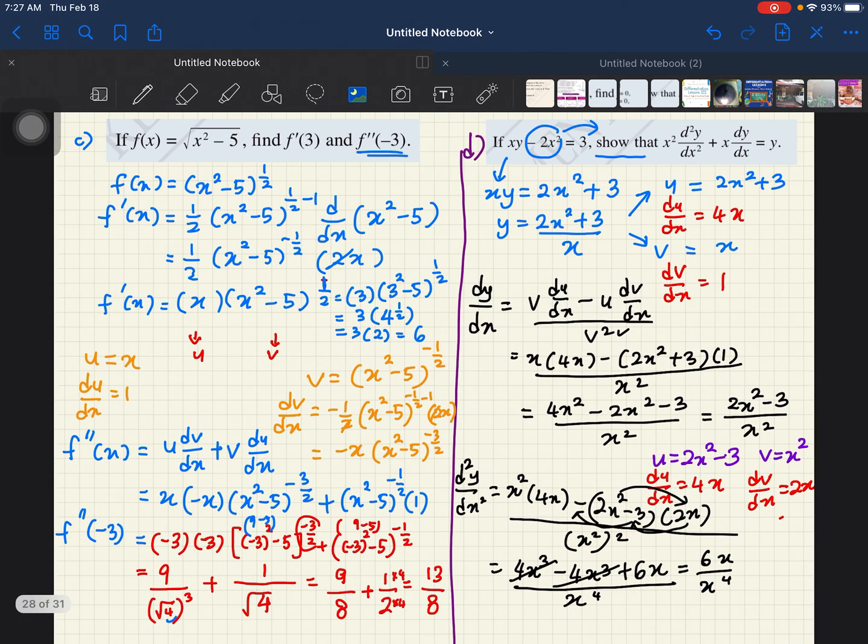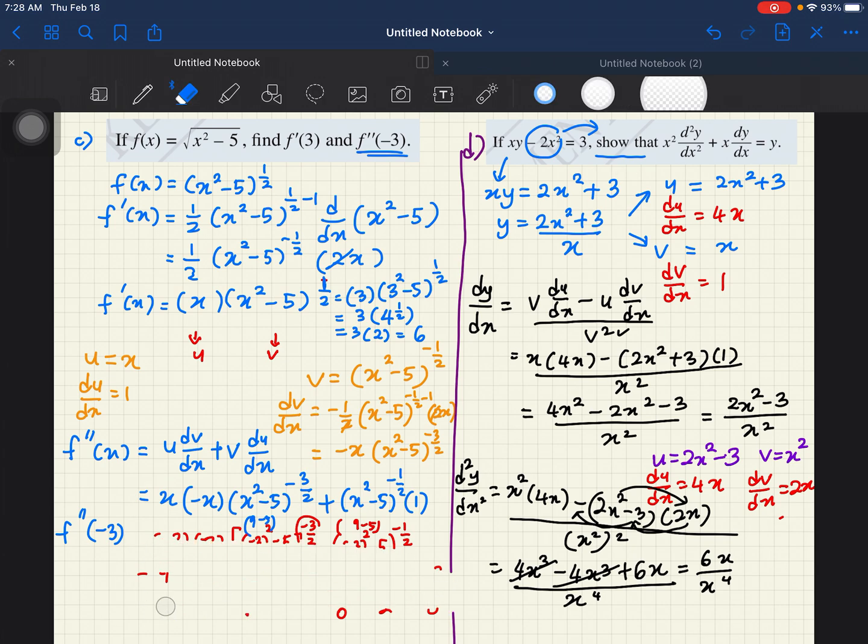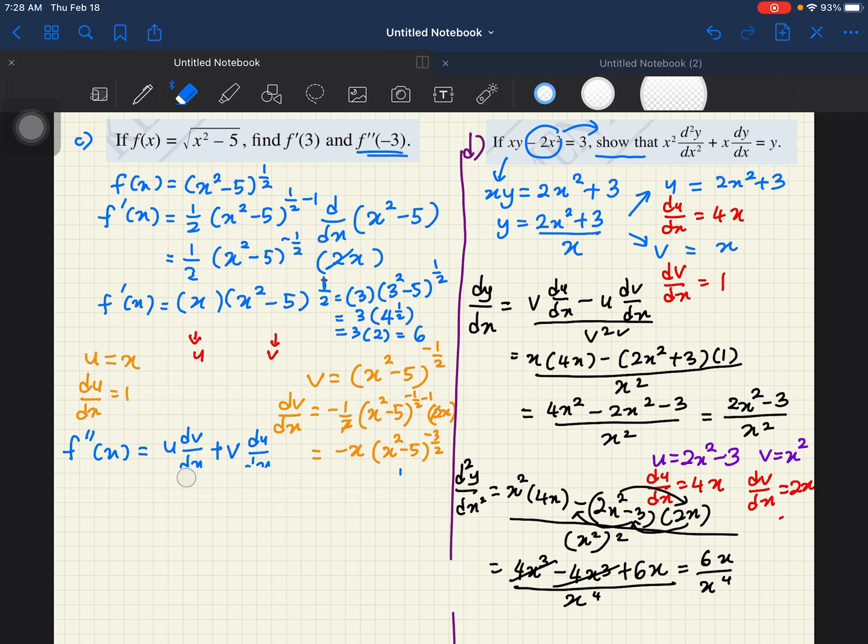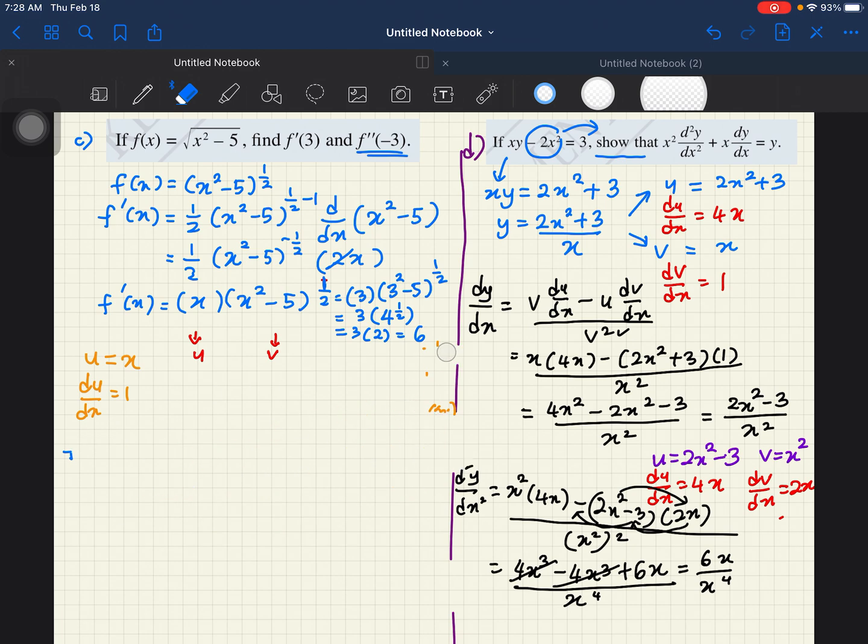I buang dulu ni. And then I take this one. Panjang pula jalan kerja dia. Okay, yang ini kita buang lah. Kita buat sama-sama kat sebelah ni. Siapa yang nak tengok soalan ni tadi, boleh back sikit.